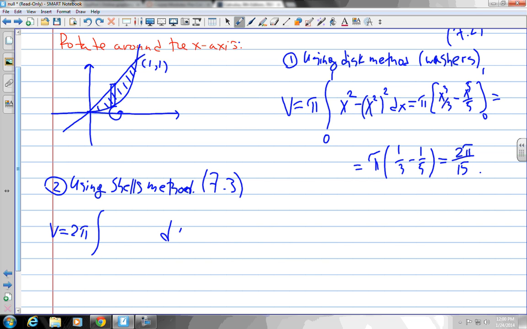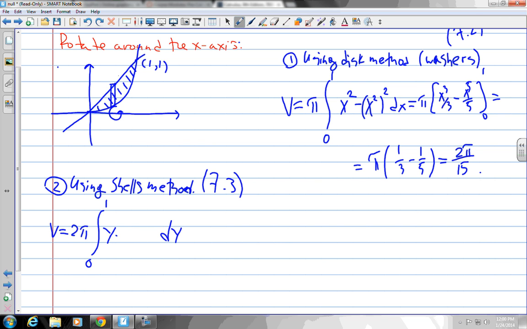So it's going to be a dy integral. Y will still range from 0 to 1. Do you agree with that? So y goes from 0 to 1. The radius is y. The only thing is we need to find the function. So what is the height of each of those shells at any given point?